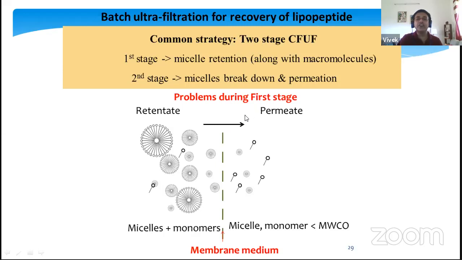It's a two-stage process, but the drawback is that when you use an appropriate molecular weight cutoff membrane, some micelles would be lost. They permeate through because of the non-uniform size distribution of micelles, which we don't have control over.